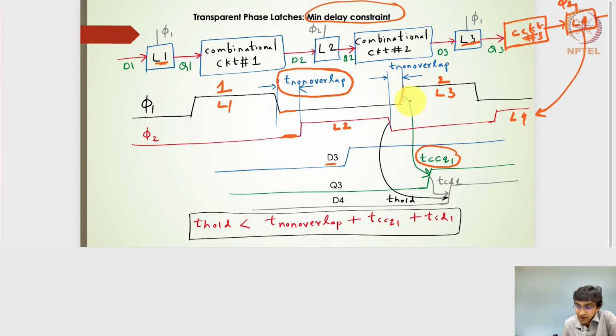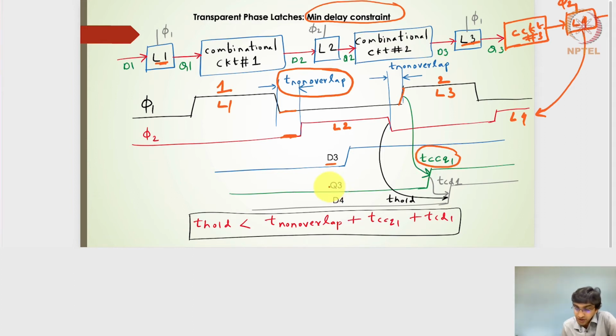So if I consider the very fast output, which is the contaminated output, it is clock to Q. Here we are taking clock to Q because the D3 signal has already come and is just waiting for the clock to make the transition, and then we get the output of Q3.